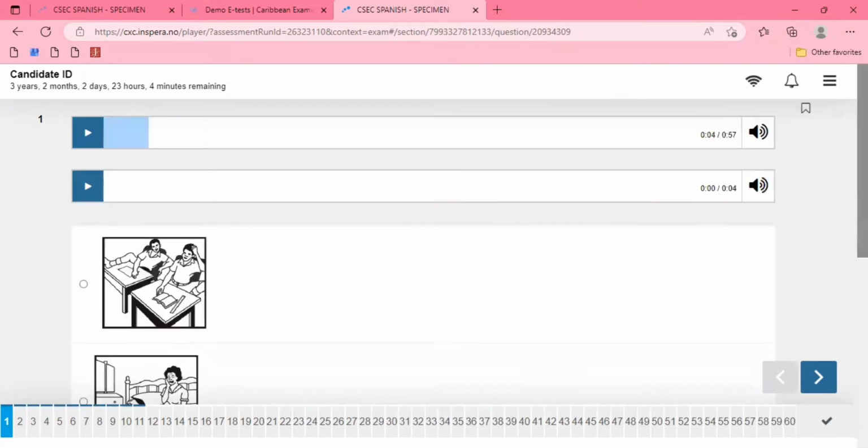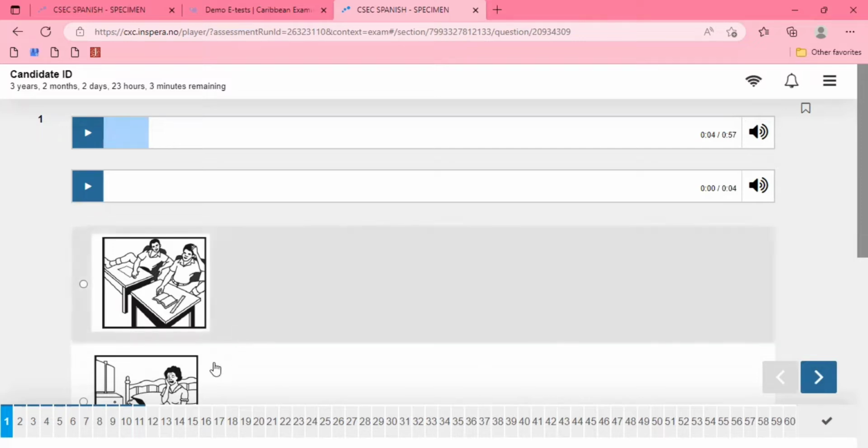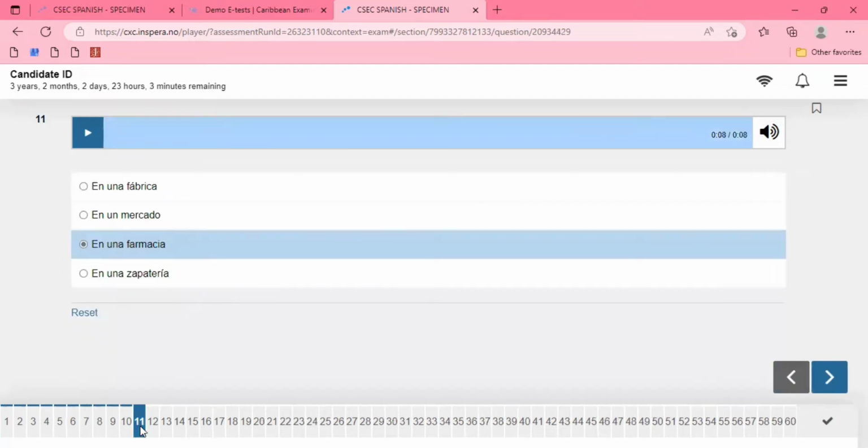So you might not be able to take down the entire sentence in an exam setting because you want to focus on selecting the answer and making sure you're not behind with what is being said, but you have to listen for keywords. Then to get back to this section, you hear each statement twice.